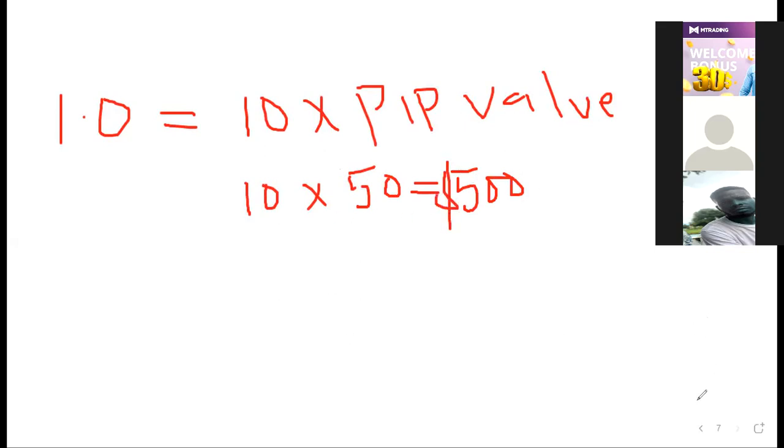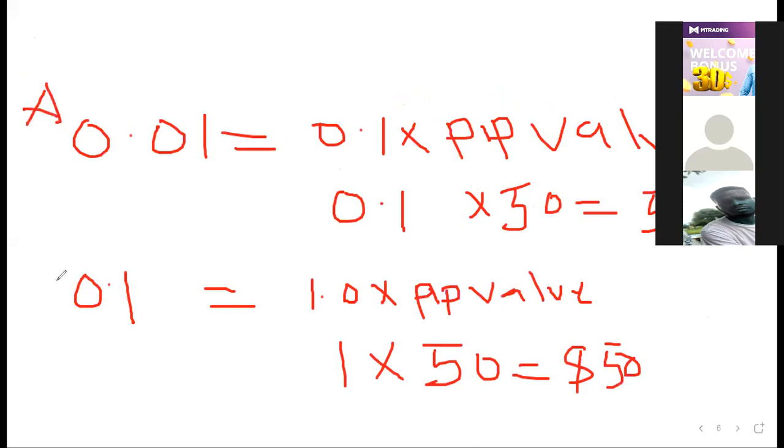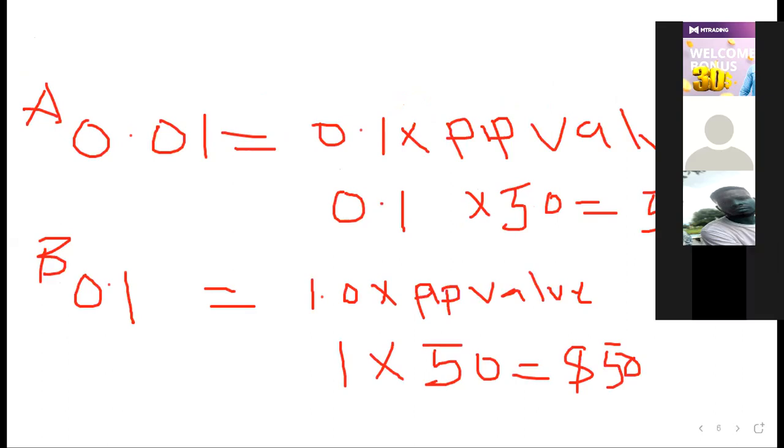So you see these three guys, man A, B and C actually made the same number of pips, but the amount is different. Why? Because of their lot size.